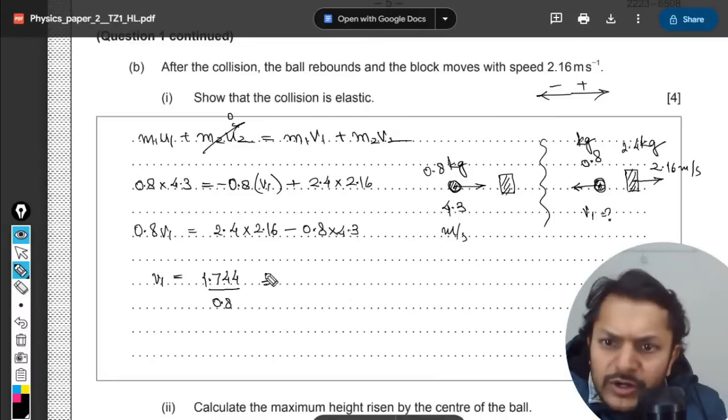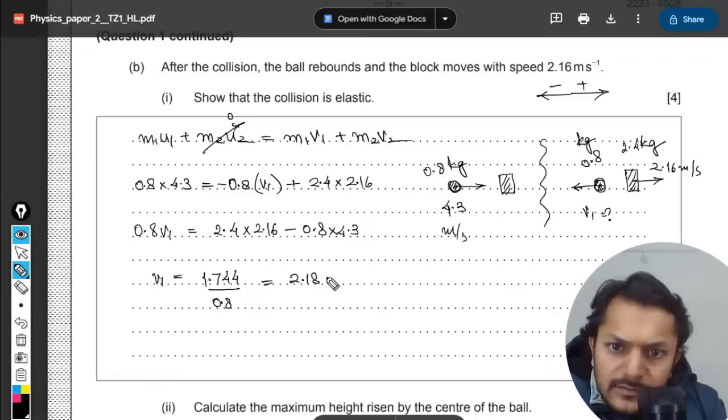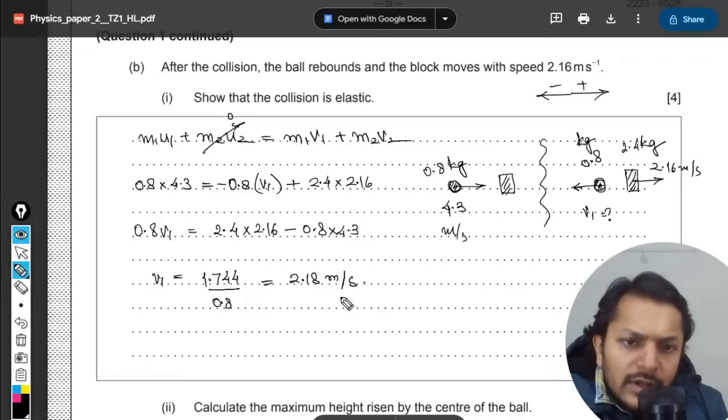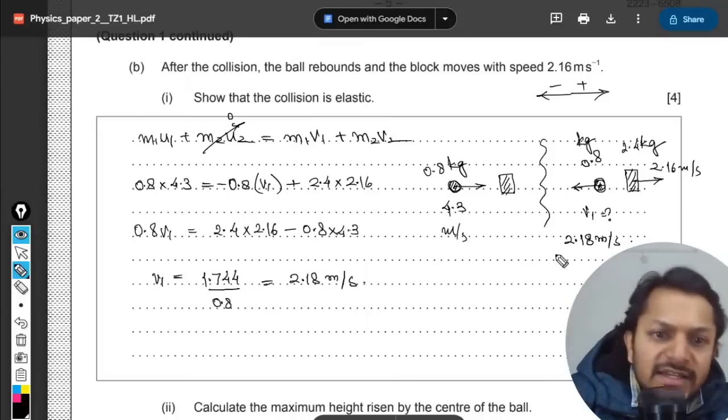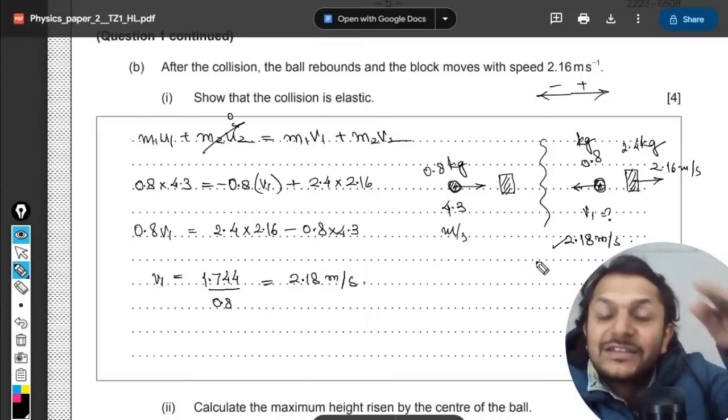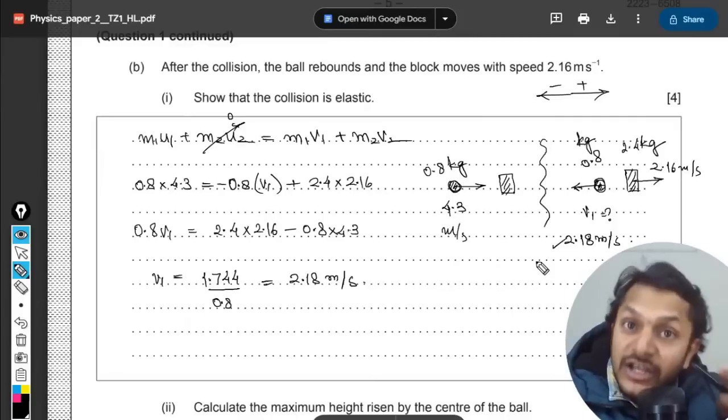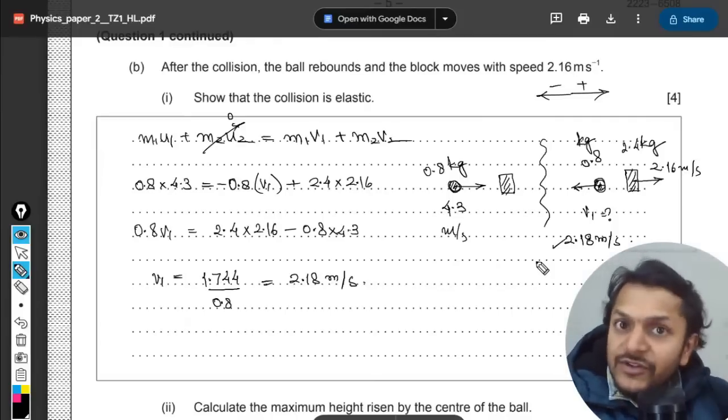So the answer is 2.18. So it is going back with the velocity of 2.18 meter per second. Now clearly I can say that the velocity is lesser than 4.3, so kinetic energy is now shared by both of the bodies after the collision.